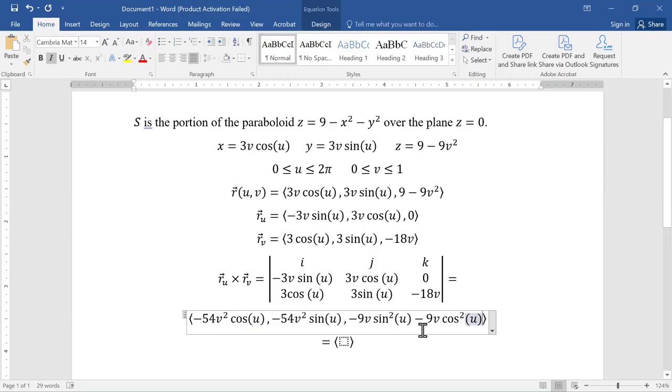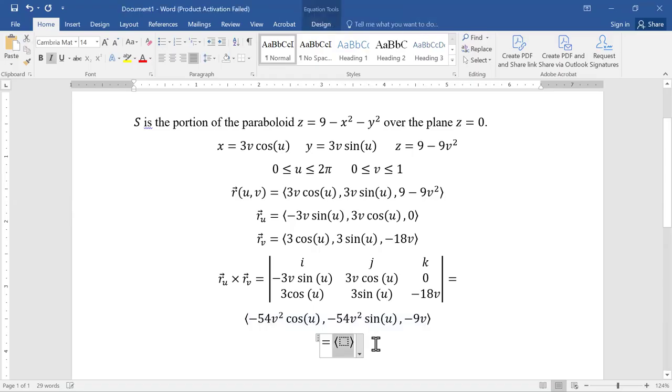And we can factor out sine squared plus cosine squared and get a negative 9v there. So that's my cross product.